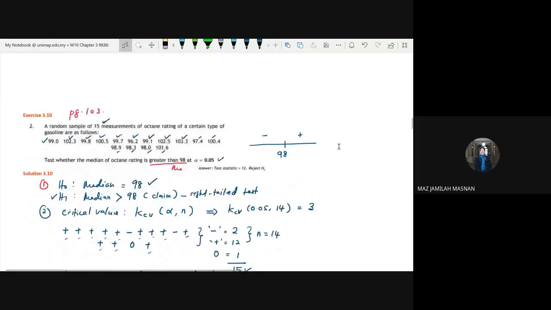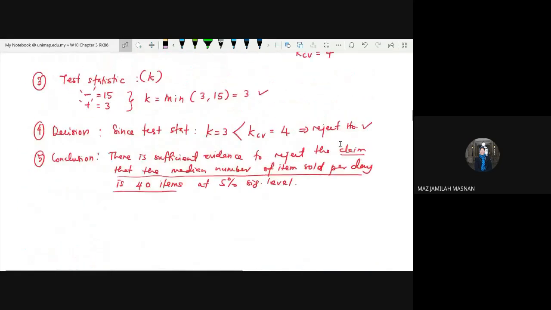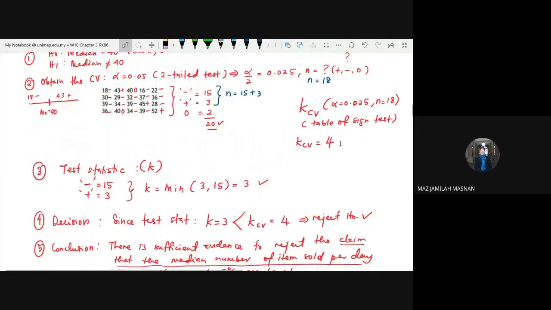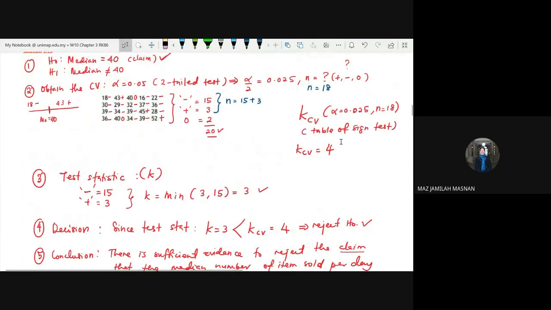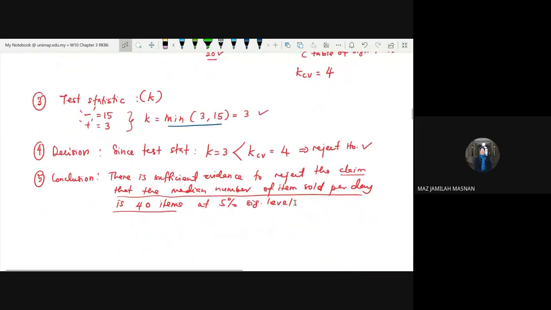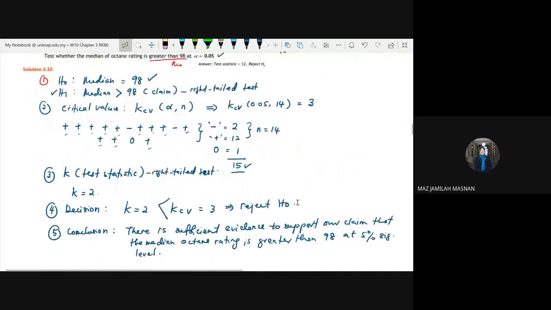Remember class, if you are dealing with two-tailed tests, you are going to choose the minimum of the negative sign and positive sign. If you are dealing with right tail test, you are going to base on your negative sign. If you are dealing with left tail test, you are going to use the positive sign. So that will be easier for you to remember.